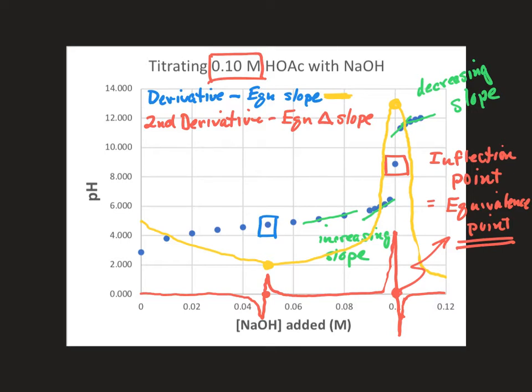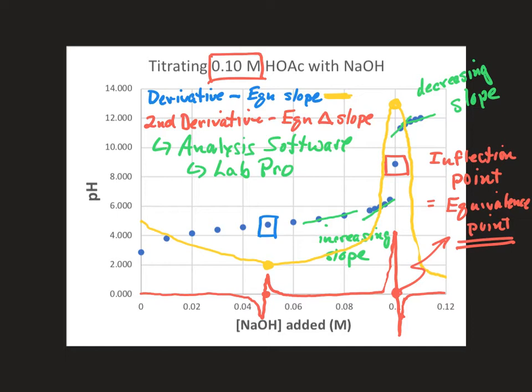Now, how do you do this? This is one of those things where a lot of us don't know the equation for this line, and we don't want to do calculus on it. Luckily, standard analysis software will do this for us. As a matter of fact, had we been able to do the lab in general chemistry, our Lab Pro software will do this for us. Now, it won't tell us what the inflection point is. We have to read that off the graph ourselves.